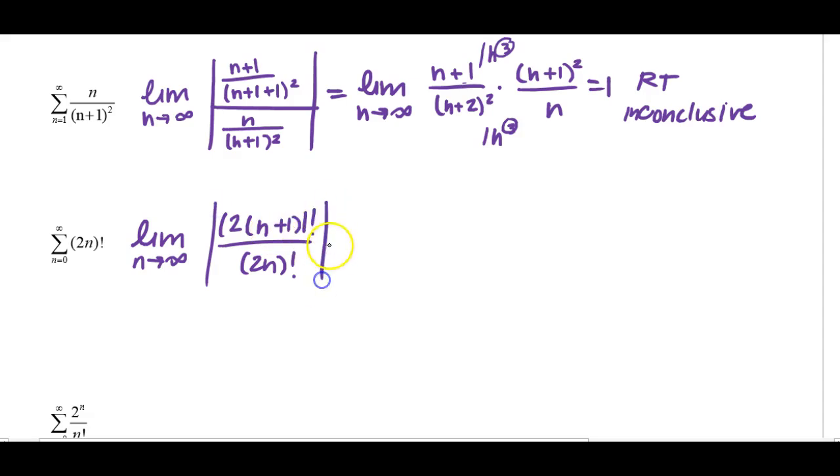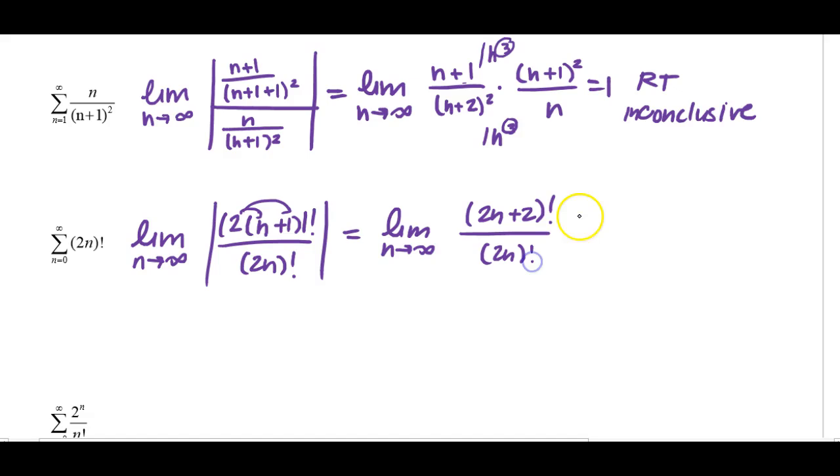And all of this in absolute value bars. So now I have the limit as n approaches infinity. On the top I have 2n plus 2 factorial. So the 2 would distribute to both here over 2n factorial. And I'm dropping the absolute value bars because these quantities will be positive.